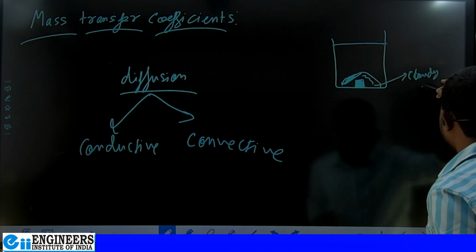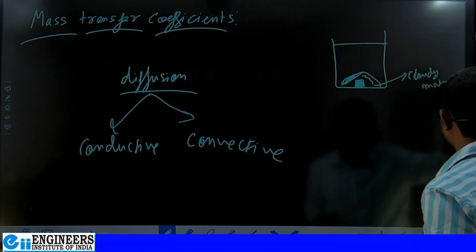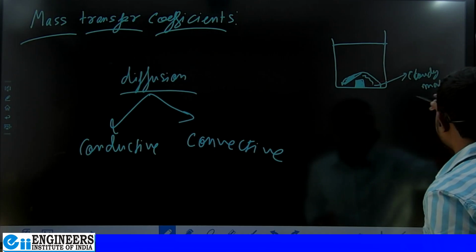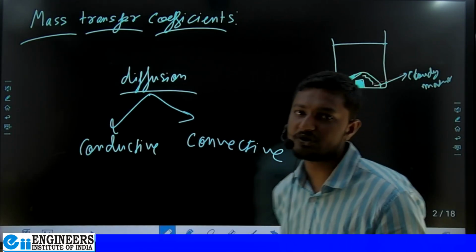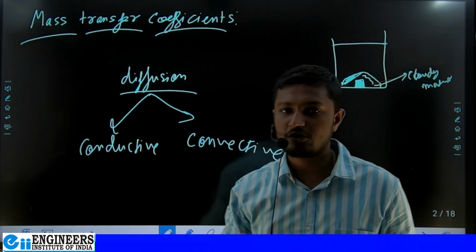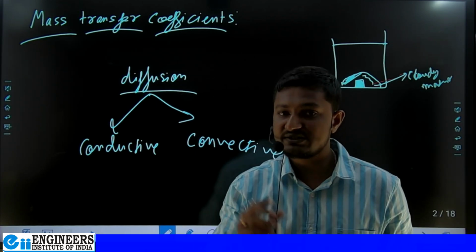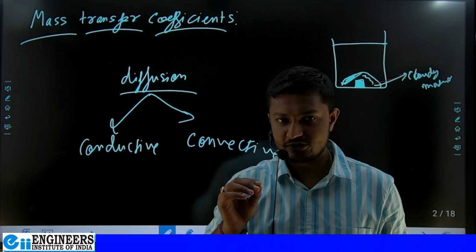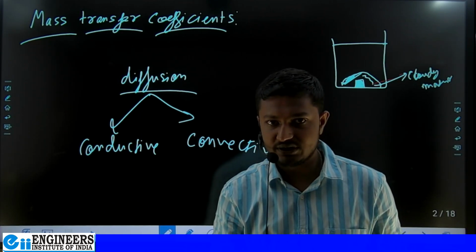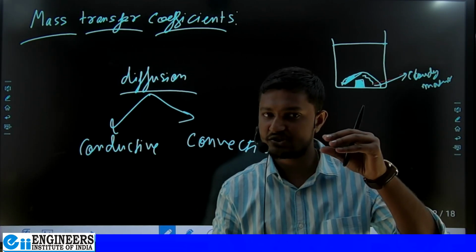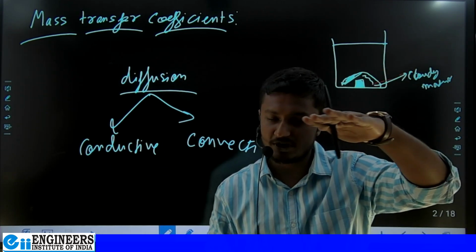This cloudy nature is known as dissolution. Once it dissolves and forms a cloudy nature, the concentration of the sugar at the bottom of the beaker becomes higher than the concentration of the sugar at the top level of the water.